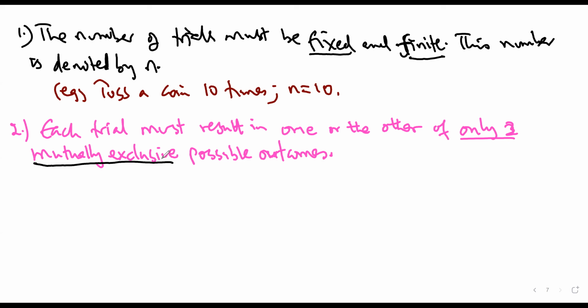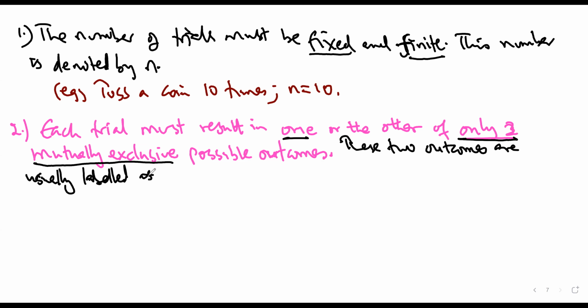It's also important to note that only one of them occurs, and there are only two possible outcomes. These two outcomes are usually labeled as success and failure.